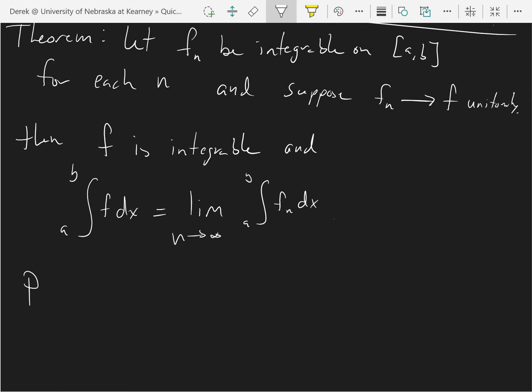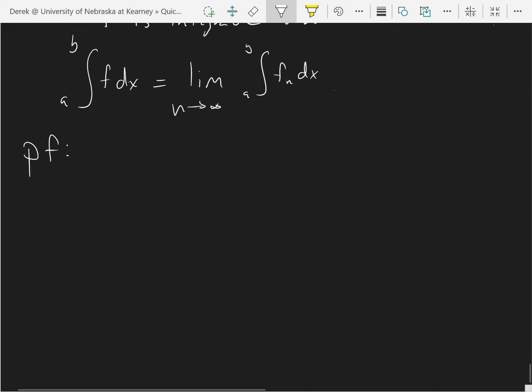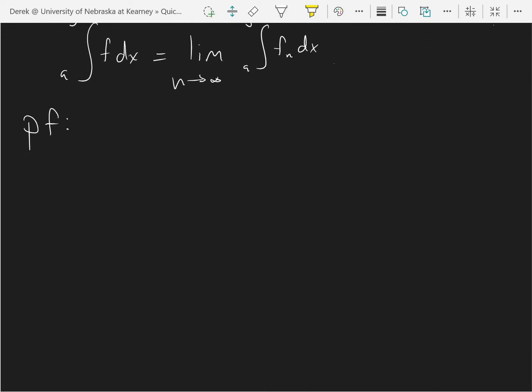Okay, so let's prove this, and the proof follows the picture that we drew. Let epsilon sub n equal the supremum over x in [a, b] of the absolute value of f sub n at x minus f at x.